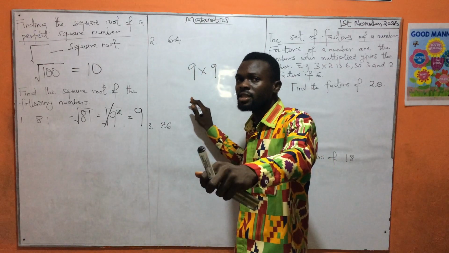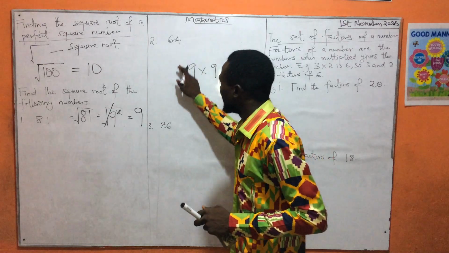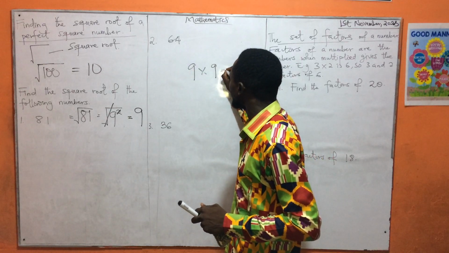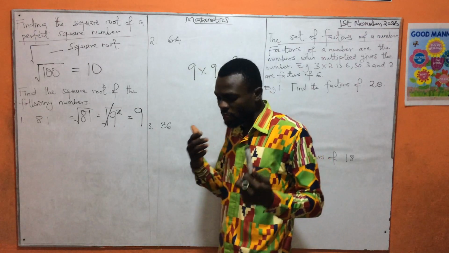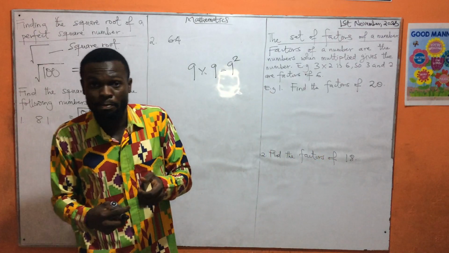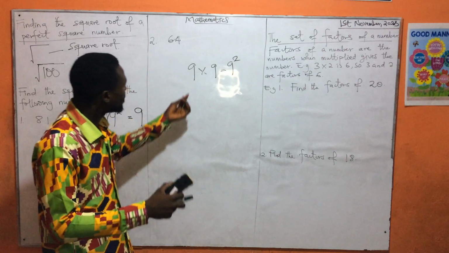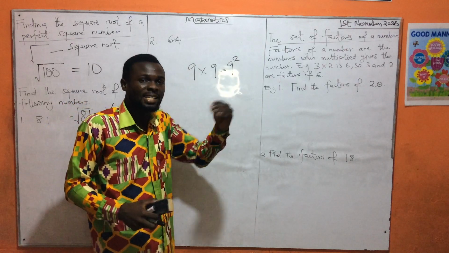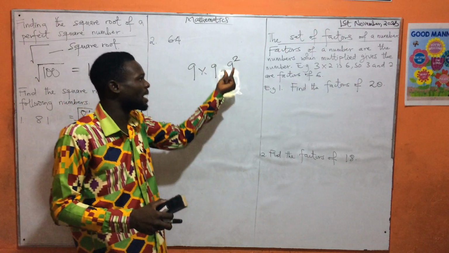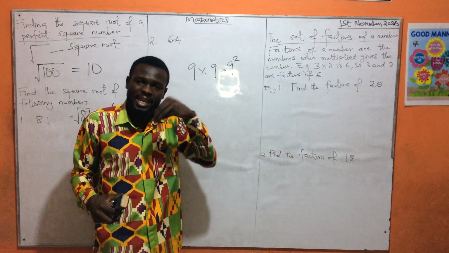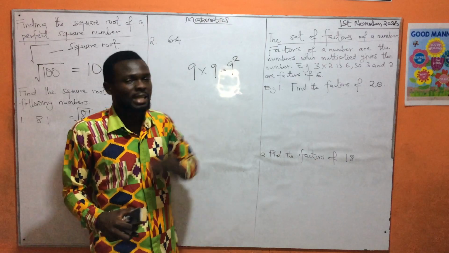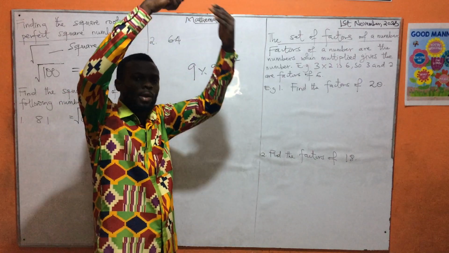Now, per indices which we did, it is given as 9 squared. Why is it 9 squared? When we were looking at prime factorization in Basic 7, we were told that when a number multiplies itself 2 times, that is the same as the number raised to the power 2. If the number is multiplying itself 4 times, then it is the number raised to the power 4.